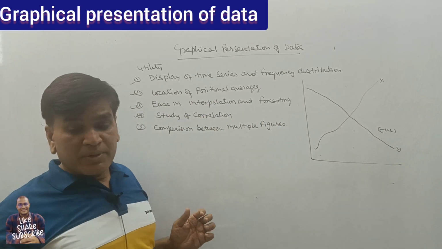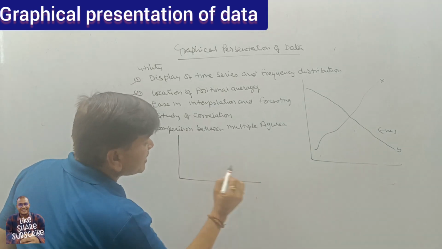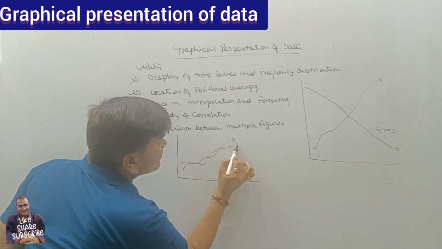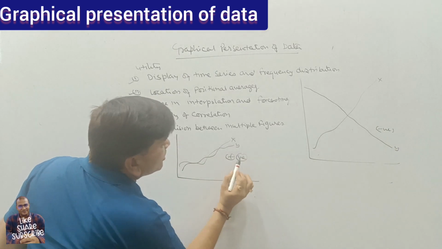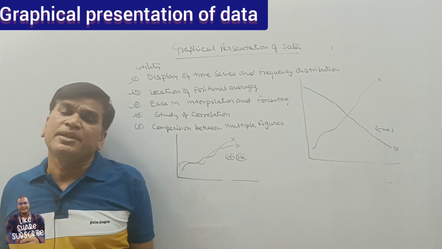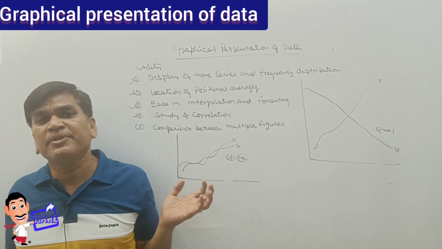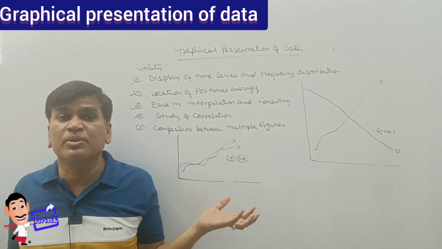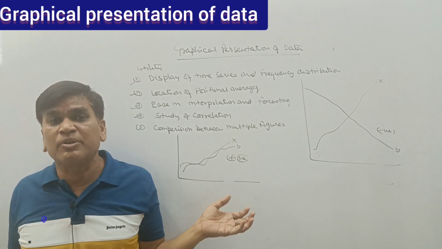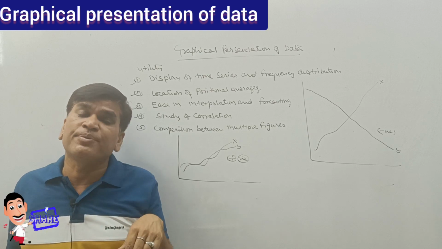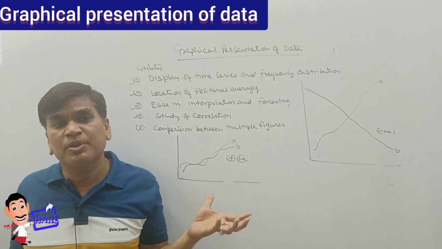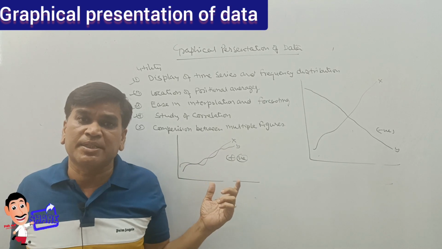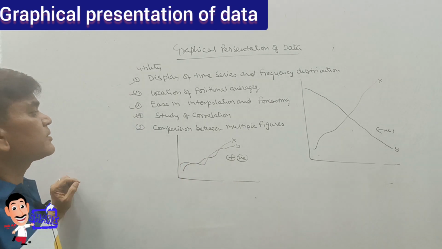If the X series is increasing and the Y series is also increasing, we will say it's a positive correlation. So the graphical presentation is very important. In correlation also we have a graphical method. When you go through the videos on correlation, you will find there is one video for the scatter diagram method of correlation and one video for the graphical methods of correlation. So it's very important in correlation also.